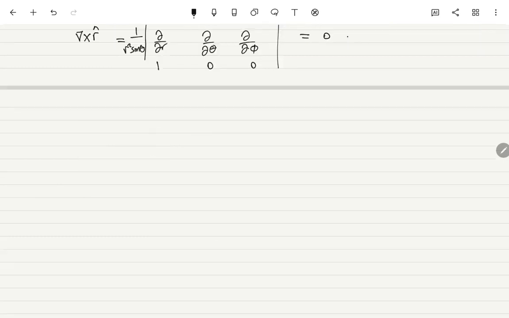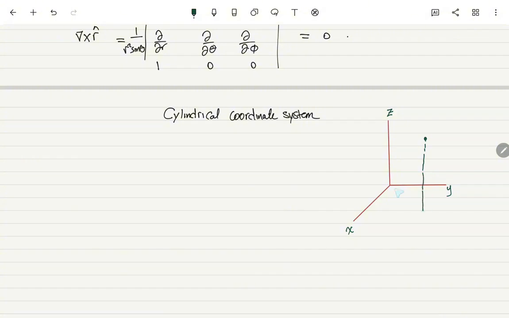Now, let's move on to the cylindrical coordinate system. If we have x, y, z coordinates and a point P located here, this point P has an intercept in the xy plane, making angle phi, and a direct intercept with the z-axis.